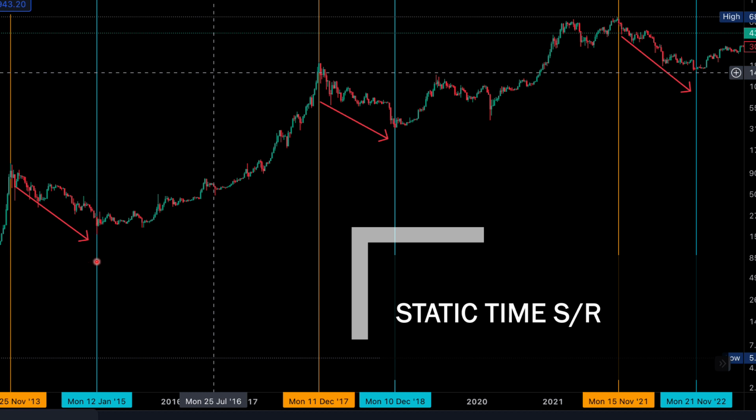You can see that here, in 2015 January, Bitcoin bottomed. On December 18 it also bottomed, and here the bottom was a bit earlier, in late November. So this is a static support and resistance level.